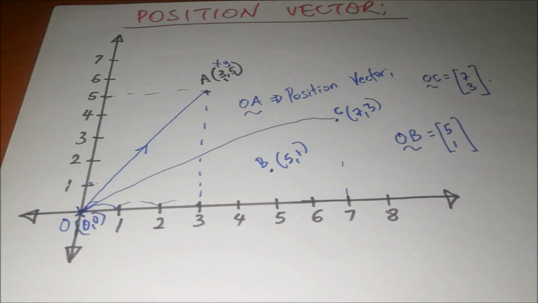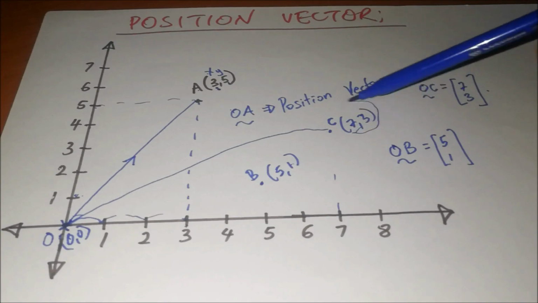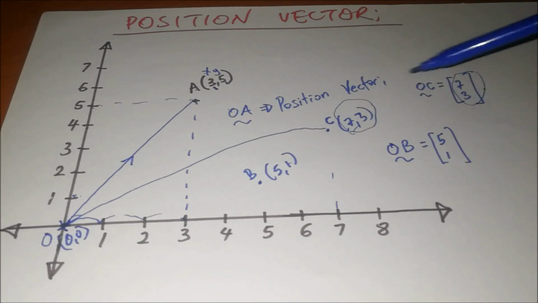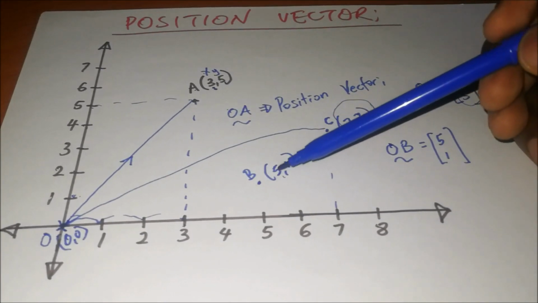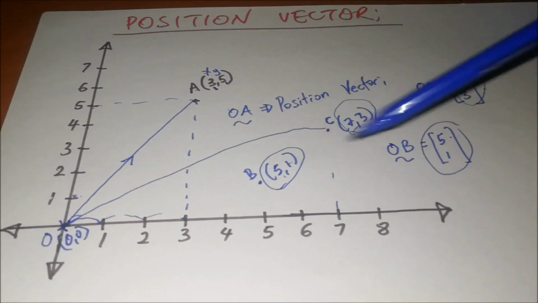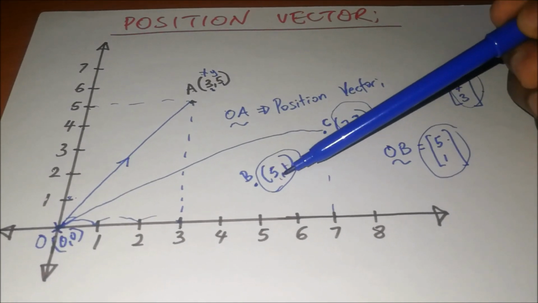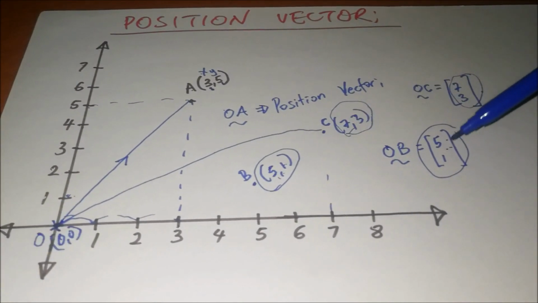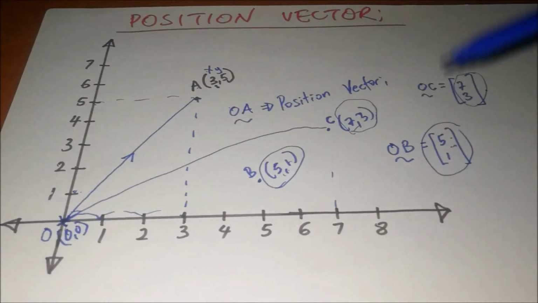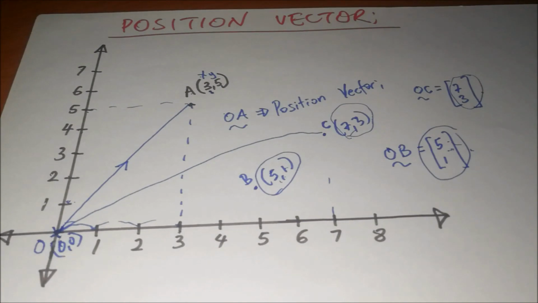So in other words, to find the position vector of a Cartesian point, the Cartesian coordinates and the position vector look the same. The Cartesian points and the position vector have the same digits, because these Cartesian points are always measured from the origin, and even our position vector is always measured from the origin, so that's why the figures will always look the same.